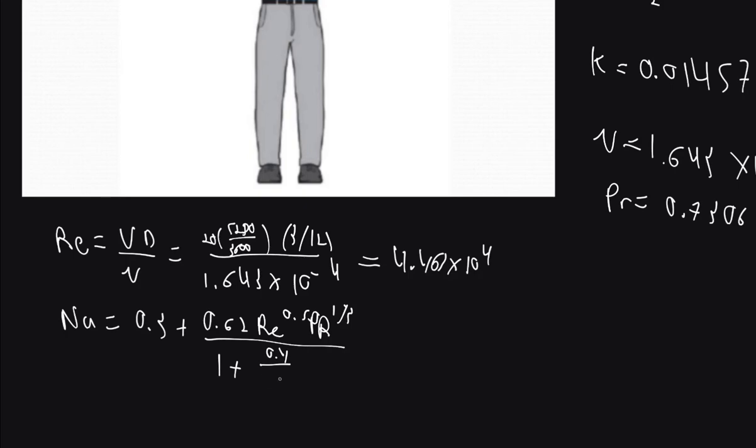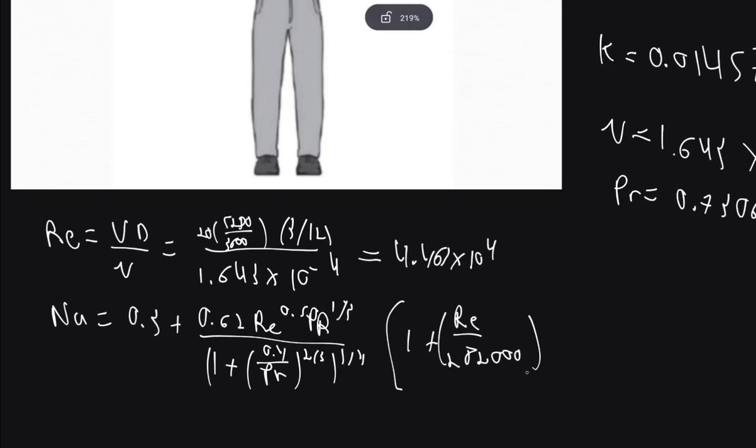I always write RR for some reason. Pr to the 2/3. This entire denominator is to the 1/4. This entire bracket is 1 plus the Reynolds number over 282,000. Then we have this fraction to the 5/8, and this is to the 4/5.